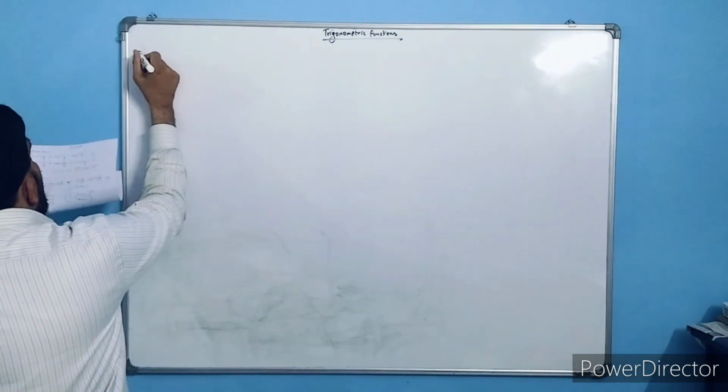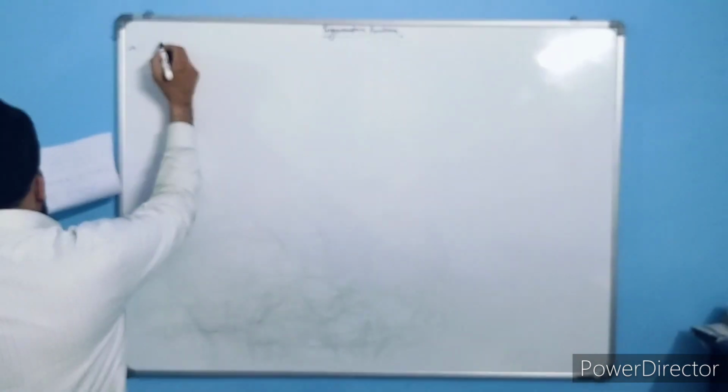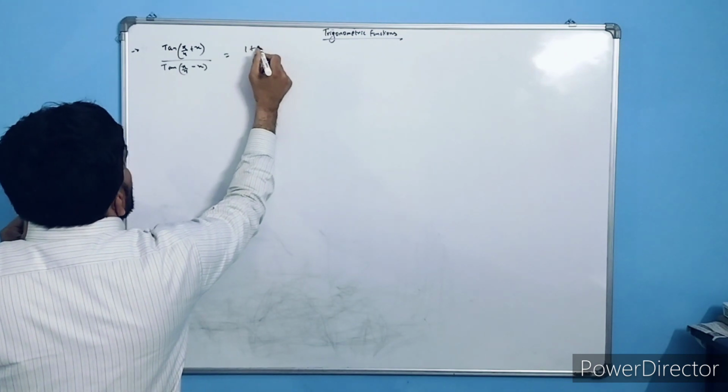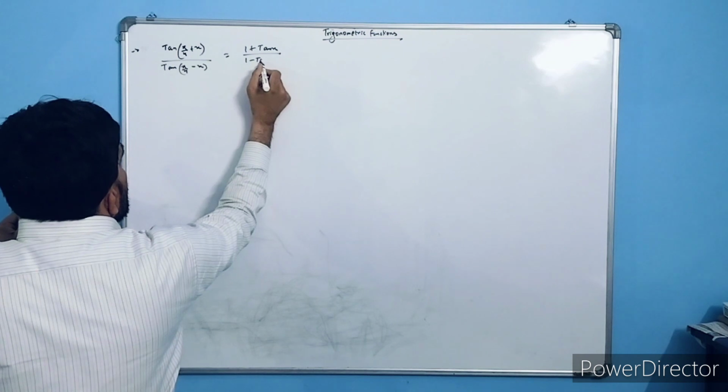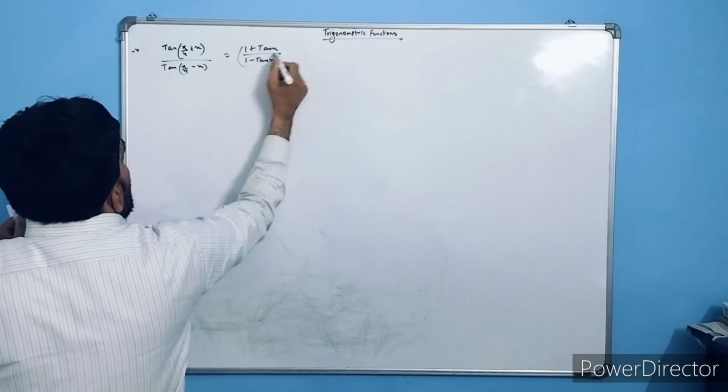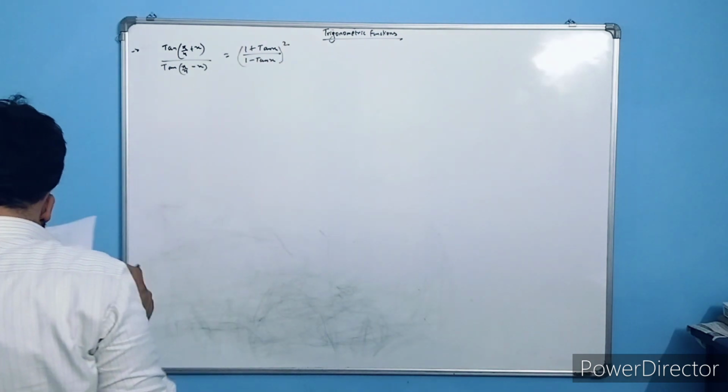For example, now they are asking about tan of pi by 4 plus x upon tan of pi by 4 minus x. So it is plus in the numerator, in the denominator it is minus. Now we have to prove this equals 1 plus tan x upon 1 minus tan x whole square.